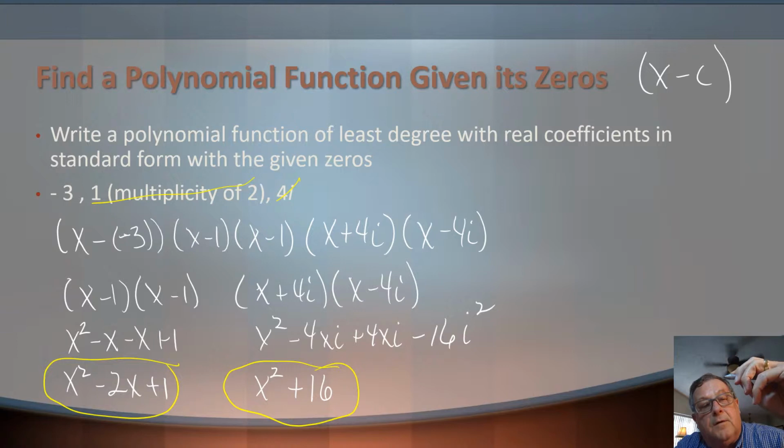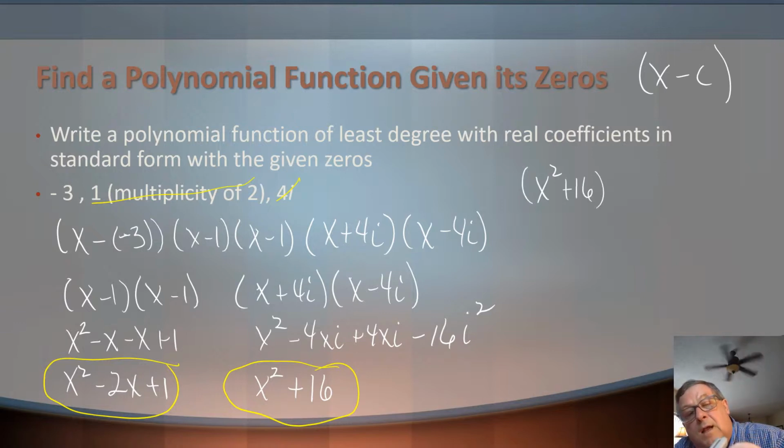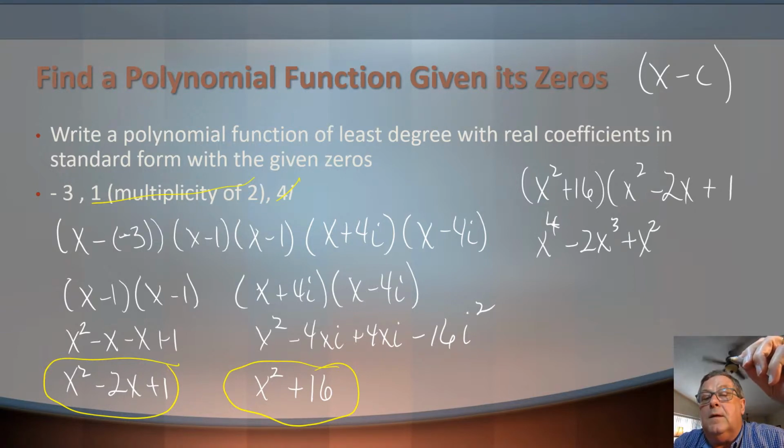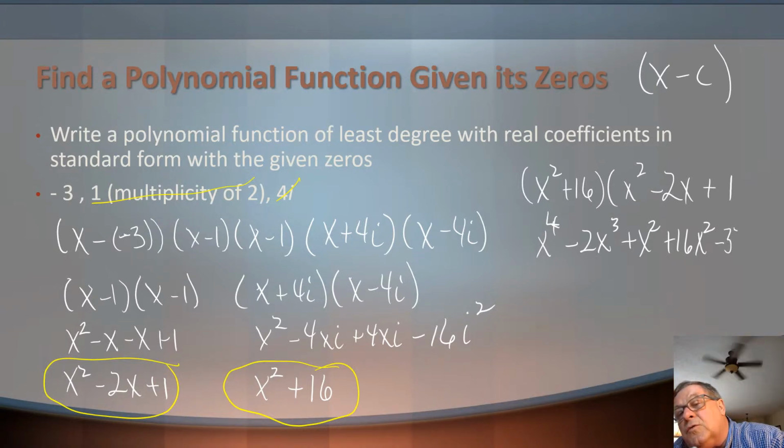Let's go x squared plus 16 times x squared minus 2x plus 1. x squared times x squared is x to the 4th. x squared times -2x is -2x cubed. x squared times 1 is just x squared. 16 times x squared is positive 16x squared. 16 times negative 2x is negative 32x. And 16 times 1 is 16.